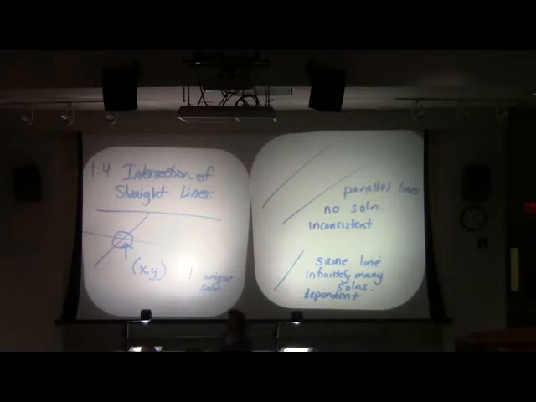Now, there's actually three different techniques that we can use to find where lines intersect. The first one I'm going to mention to you is one that we're not going to go over in class, but you can always do this on your own if you would like to. It's called the graphical method. In other words, graph both lines and look and see where they meet.